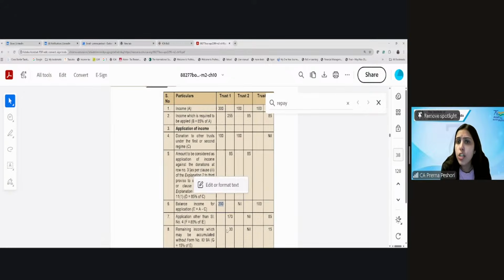And out of which how much do I have to apply actually? 170, which is 85%. Correct? Yes or no? Yes. So out of which I have applied already 85, or rather 100. So 200 is what I have. An actual application that I need to make now from 200 is 85%, which is 170.